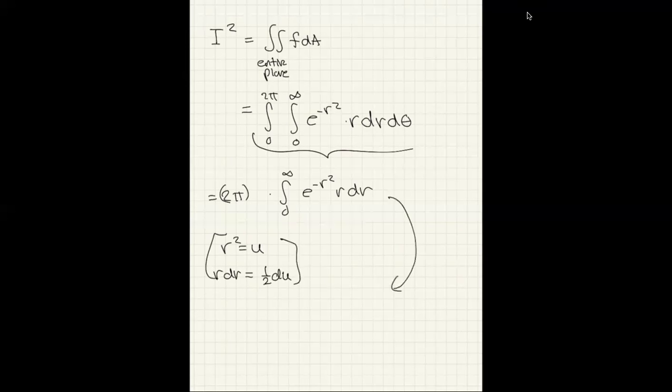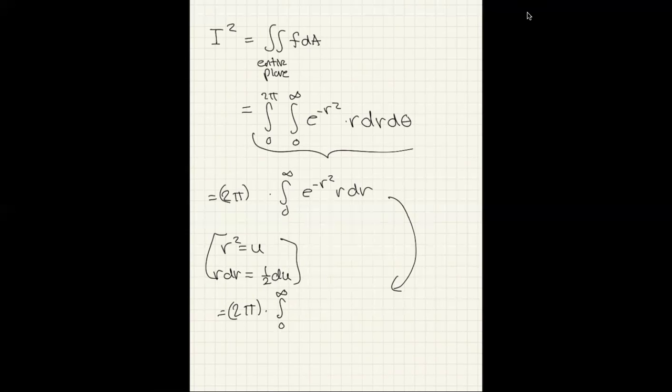And so this integral is now 2 pi times the integral from, well, I should change my bounds. If r is 0, then u is also 0. And if r is infinity, then u is the square root of infinity, which is still infinity.